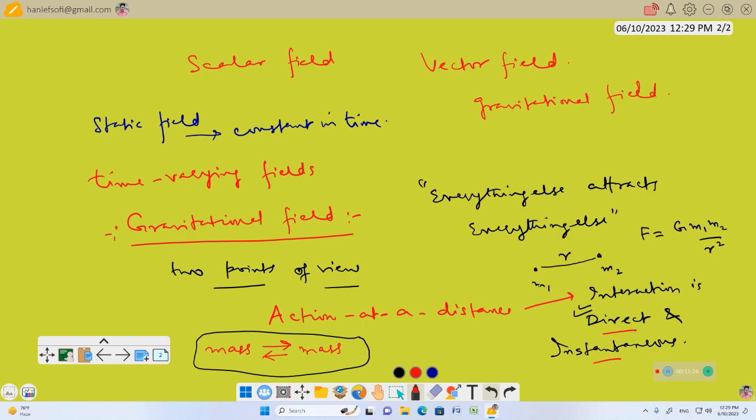That means when you move m1, the signal, this message from m1 reaches m2 instantaneously, irrespective of the distance between m1 and m2. If you move one mass, the message goes to the other mass, and that message takes zero time.